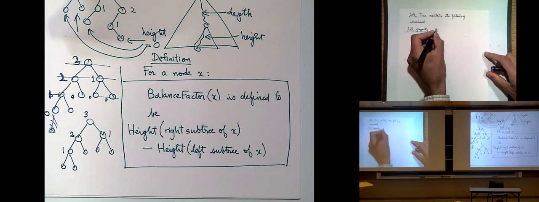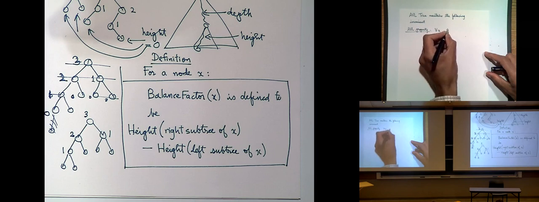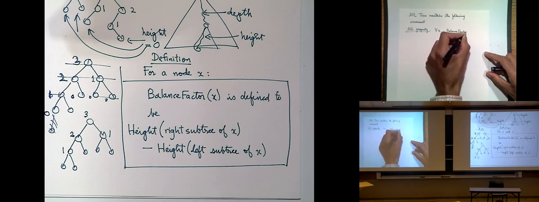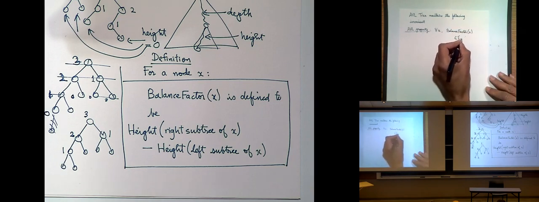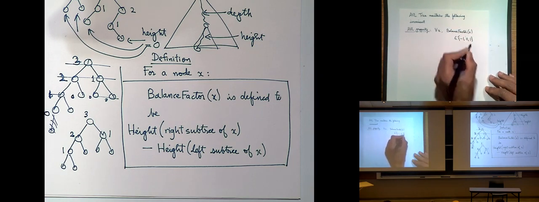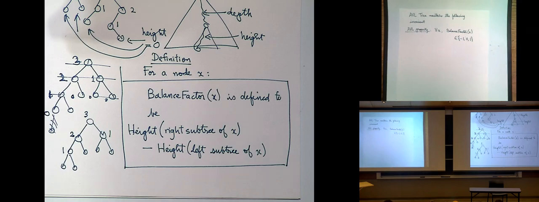The AVL property is quite simple to state. It just says for all x, the balance factor at x is either -1, 0, or +1, which is sort of the ideal that you could hope for. So for all nodes, the balance factor is -1, 0, or +1. That's what an AVL tree is.